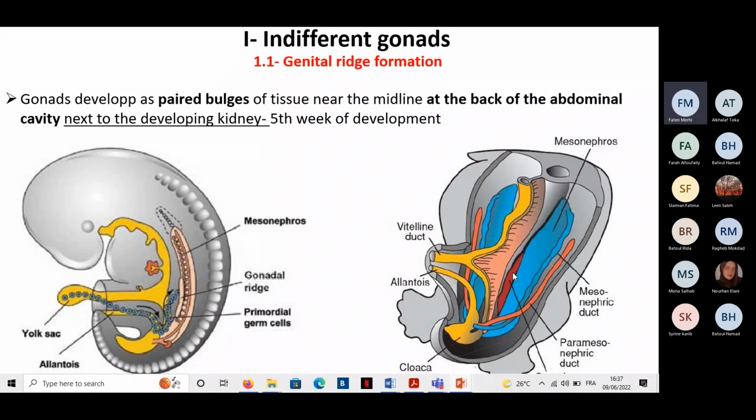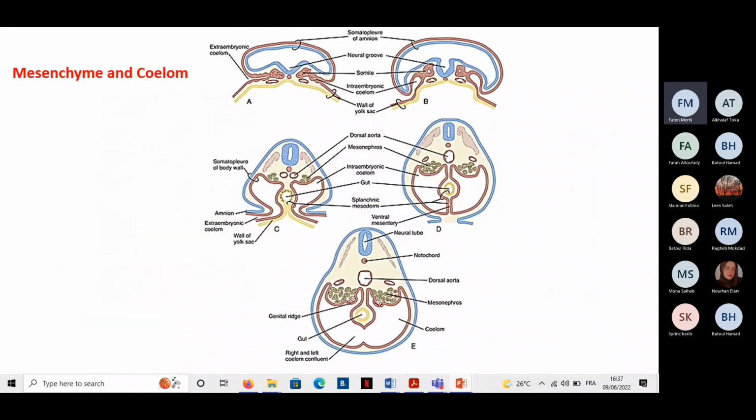Like the gonads in the adults, how many are there? Not two, one on each side. Yes, that's what we mean. We have one pair of genital ridges. Two are formed, one from this side and one from this side. Okay.